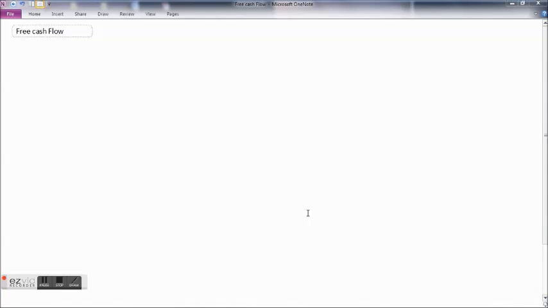Now we'll see how to calculate a free cash flow. Actually, there are three concepts of free cash flow. The first is free cash flow to the firm, also known as FCFF. For free cash flow to the firm, there are two ways.